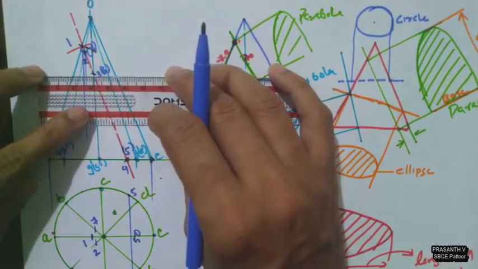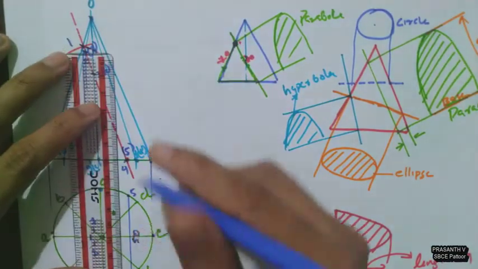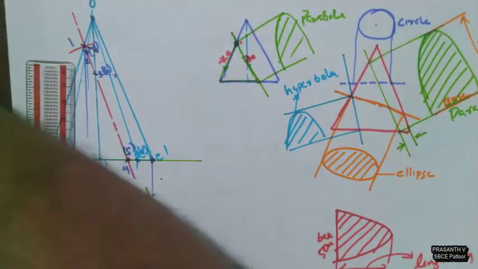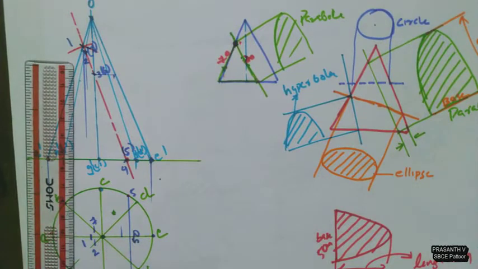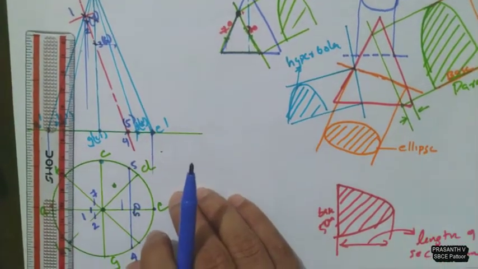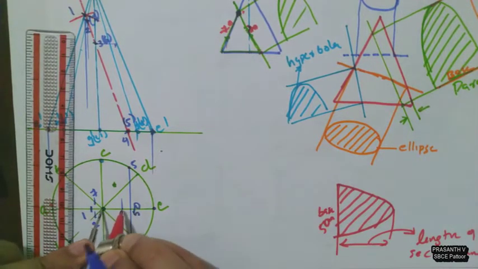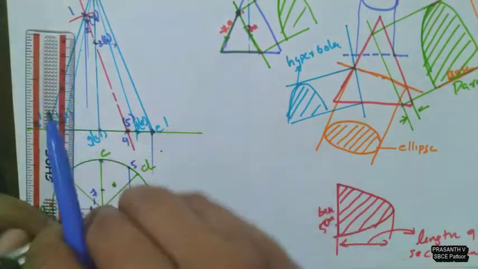To get 3, what you have to do is transfer this point here and take compass. Or here.